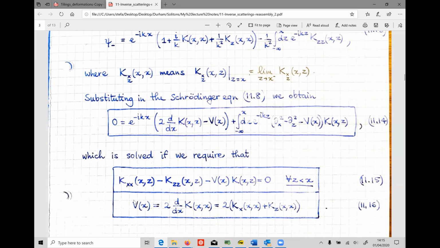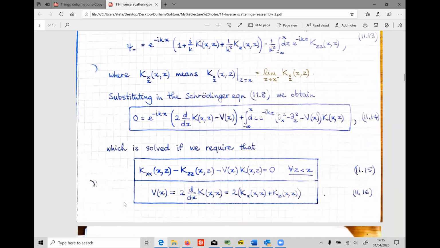And the second equation comes from setting to 0 the quantity in brackets, and essentially allows us to determine the potential V from the integral kernel K. So we have to set z equal to x and compute the derivative with respect to x, multiplied by 2, and we get the potential.